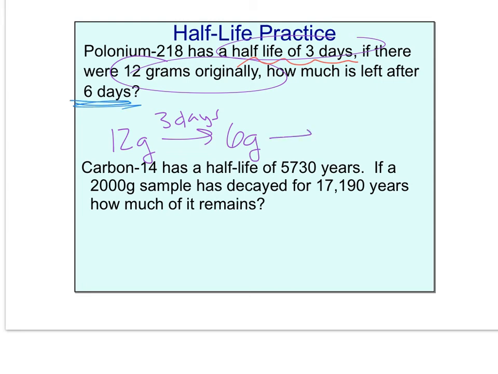So if another 3 days went by, then that would go in half again. So now I've got 3 grams. So 3 days plus 3 days, there's my 6 days. How much would I have left? Well, I would have 3 grams. It would half twice because 2 half-lives would go by, because the half-life is 3 days and it asked for 6.